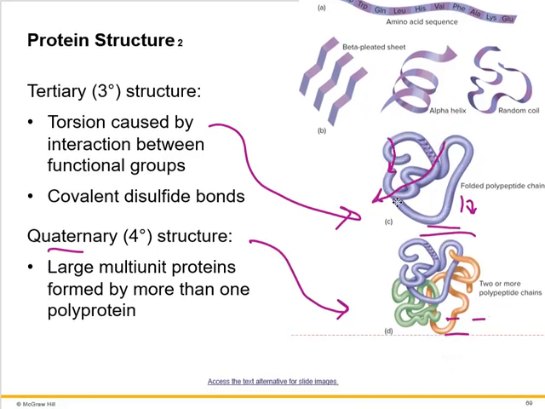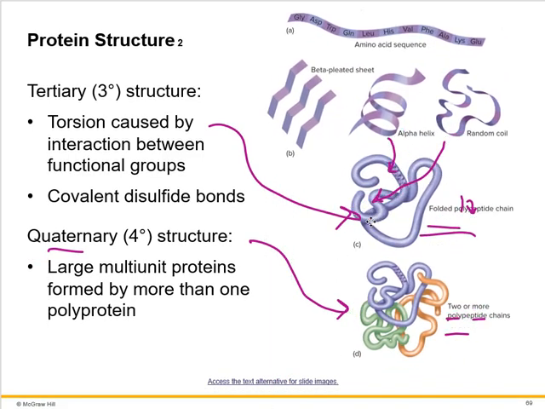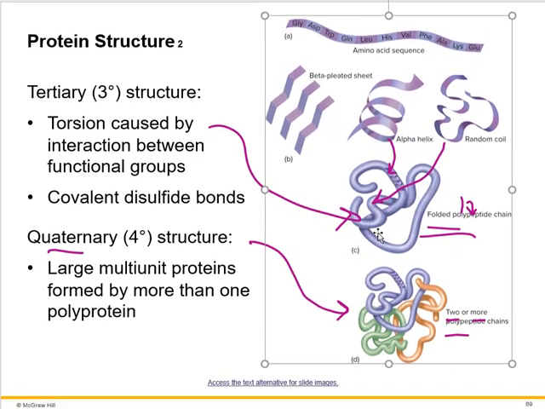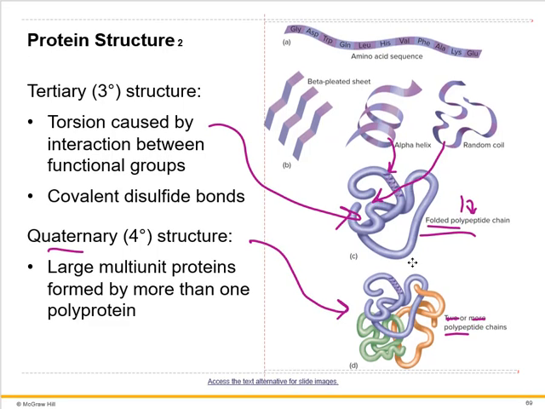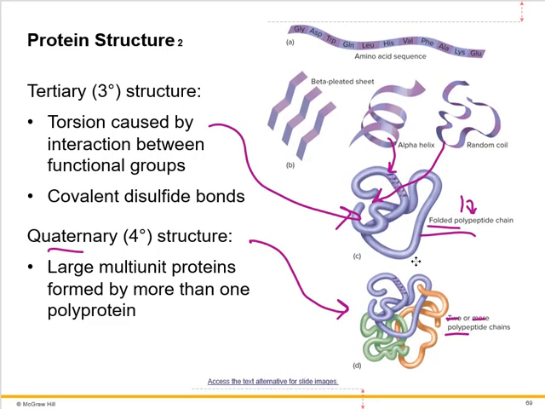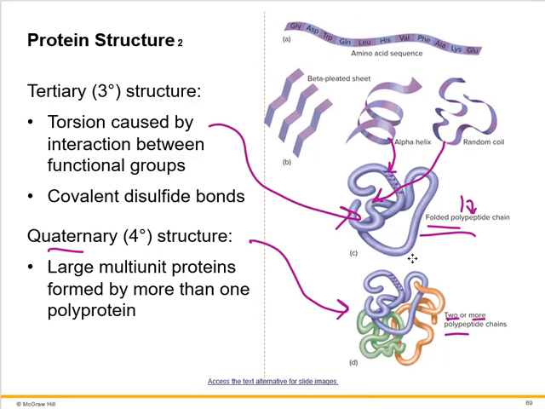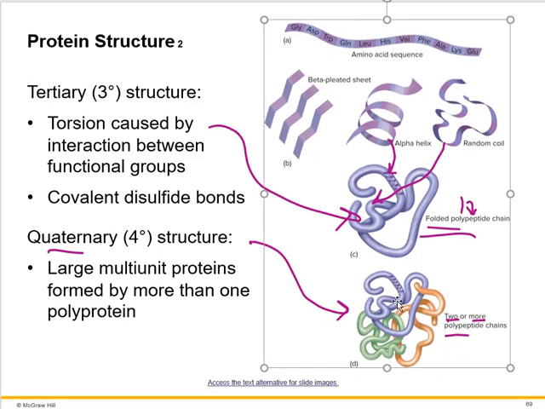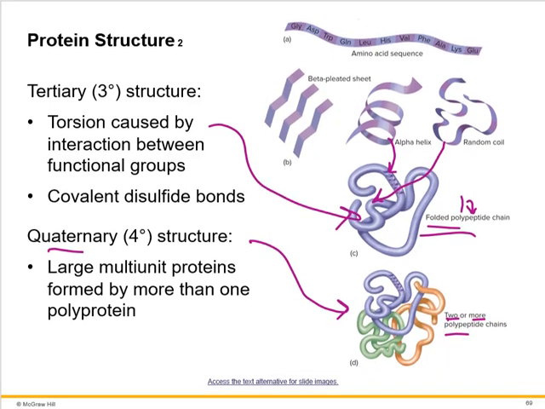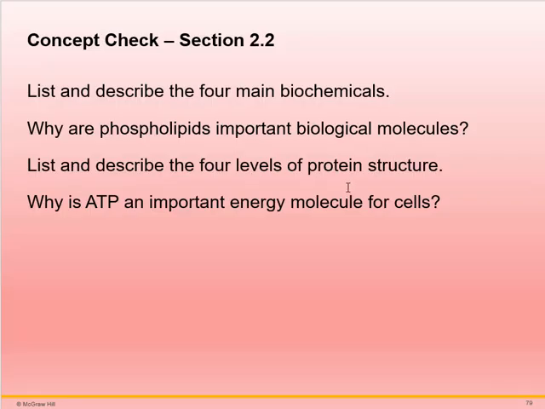When you put them all together, that makes the tertiary structure. If you just have one polypeptide chain, that's a tertiary structure. If you have more than one polypeptide chain, then that is a quaternary structure. So that is a little bit about the protein structures.